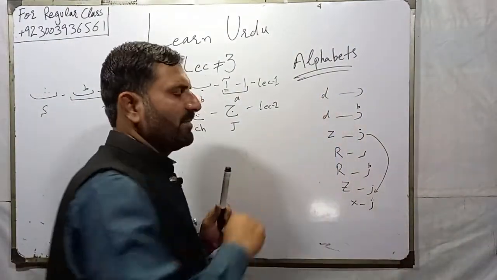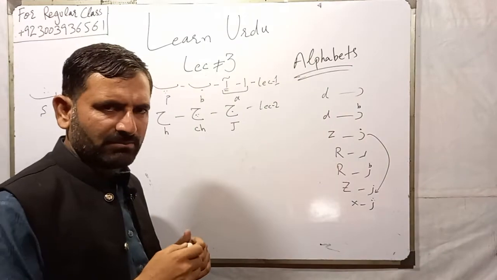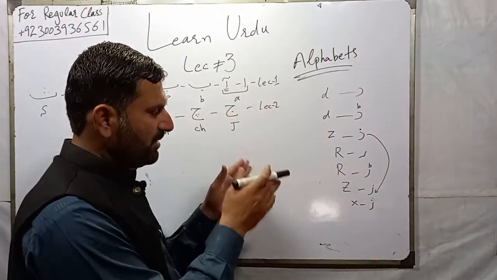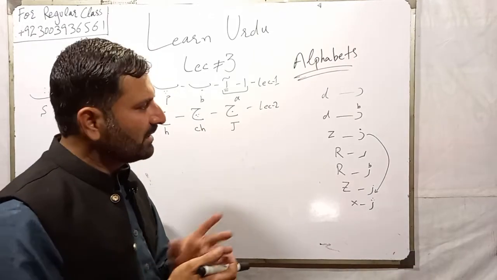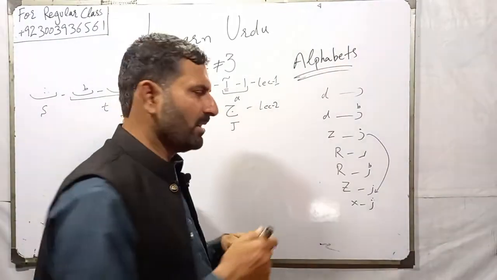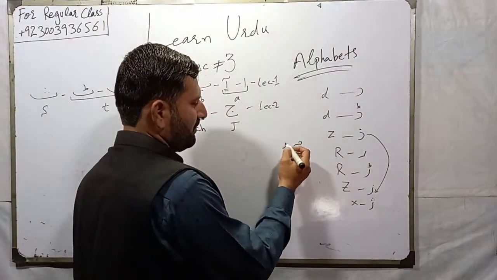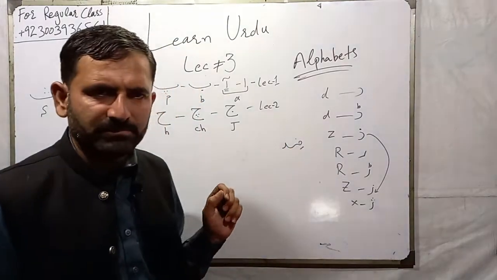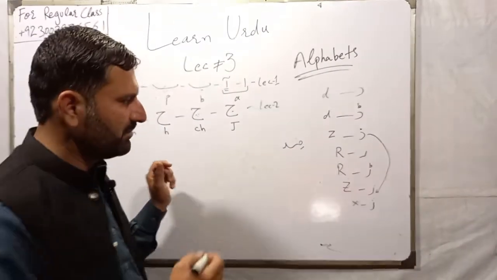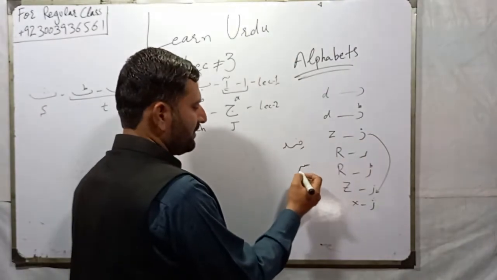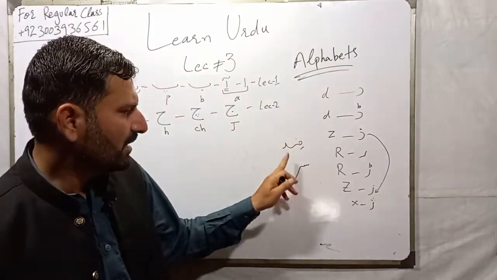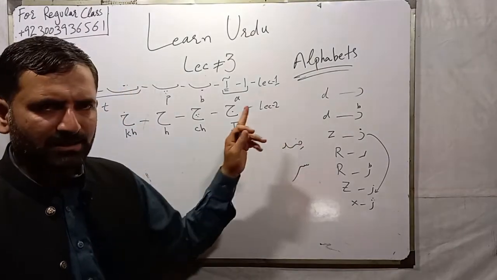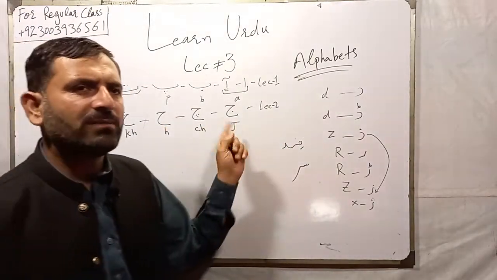Something special about this family is that when joined with the next letter, they can join at the end, like this, zid, like sir. They can join at the end of any other letter, but they cannot join from the start.